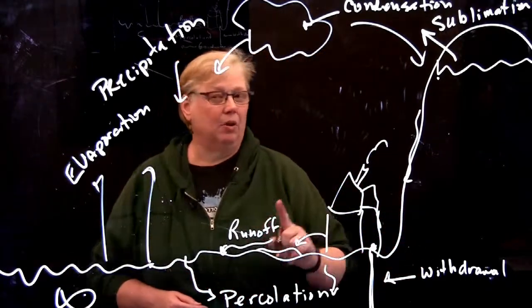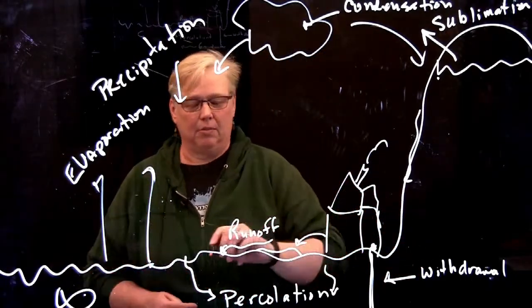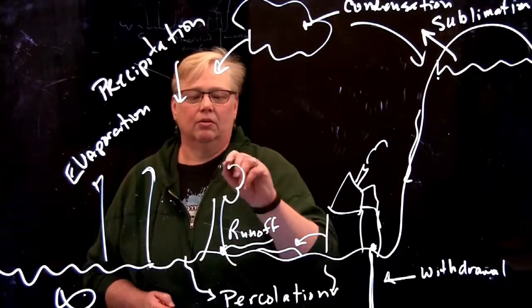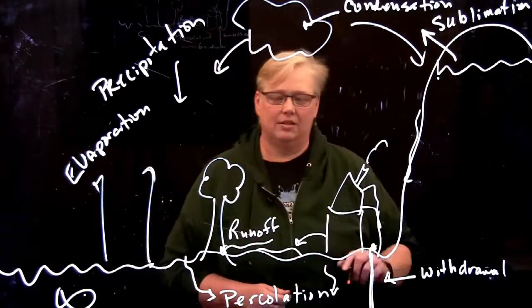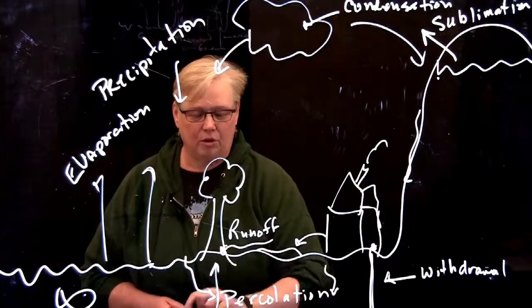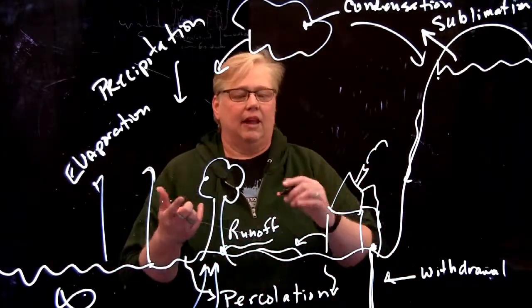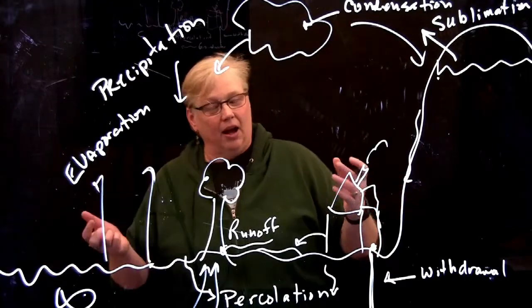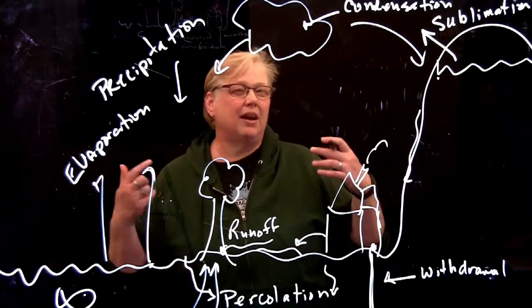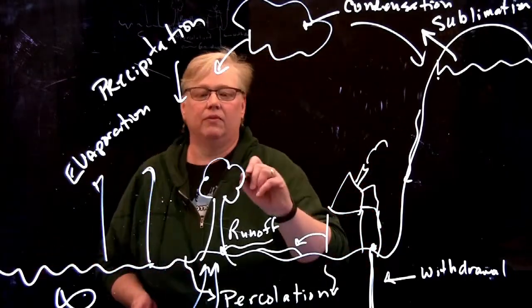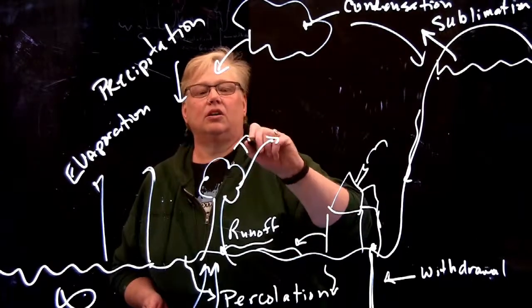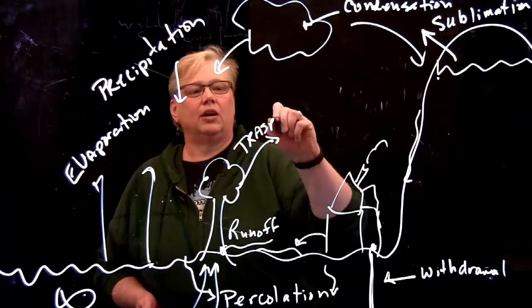But that's not the only way that water vapor can make it back into the air. Our lovely trees. Trees are also withdrawing water from the groundwater, and as part of what they do, they make oxygen for us, but they also transpire water back into the air. So this is called transpiration.